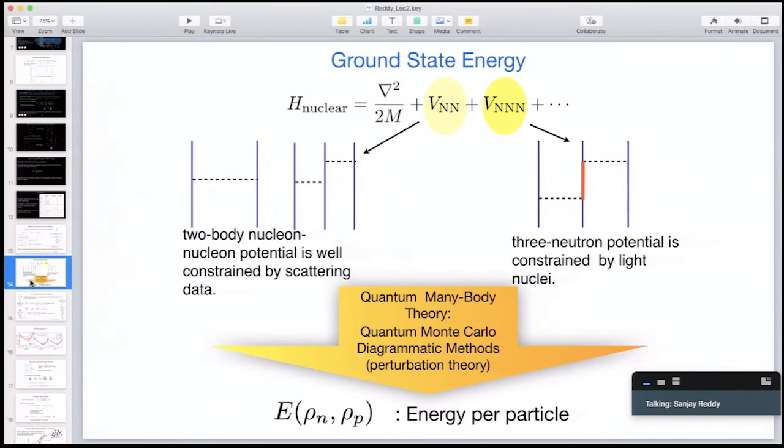Now, you also have these three-body forces. You could have four-body forces and so on. And the general method to try and fix those is to fit to light nuclei. So you can look at the binding energy of helium. You can look at the binding energy of the triton and try to solve the Schrodinger equation for 3 and 4 particle systems and fit those coefficients in the potential.